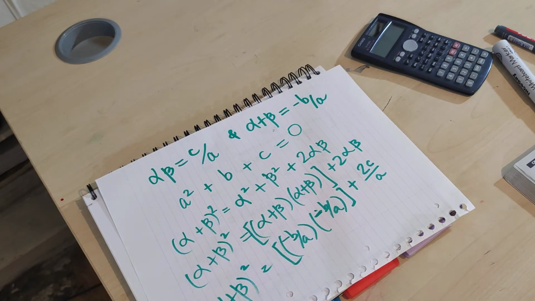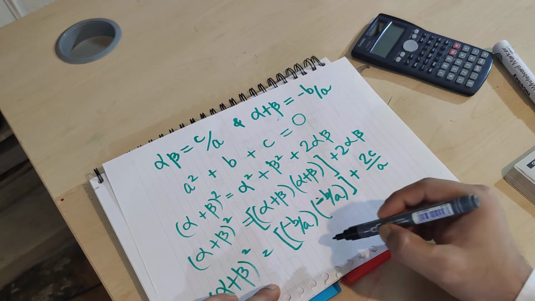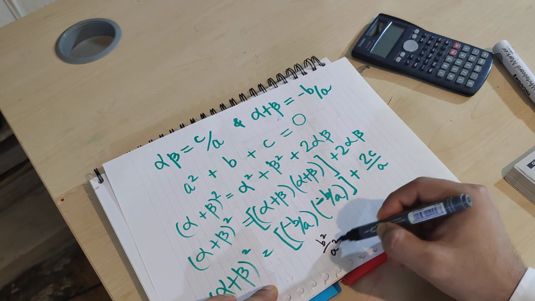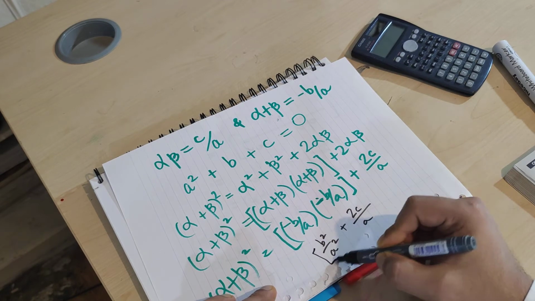And then when you begin to resolve it, you find out it comes out as the quadratic formula. So then it'll be b squared over a squared plus 2c over a. So this is the final form.